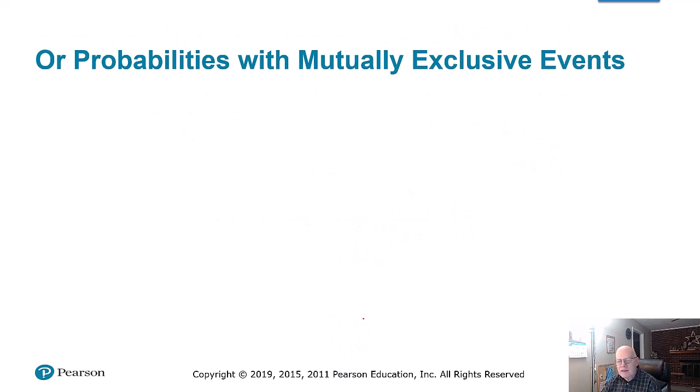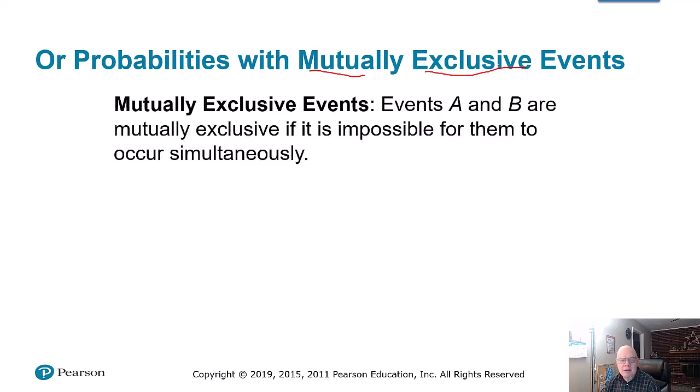Mutually exclusive events. Sounds exotic? It really isn't. Mutually exclusive just means there are 2 things that you're thinking about, 2 events, and they can't happen at the same time. Does that make sense? Well, maybe not until you get an example. Another way of saying it is they can't occur simultaneously.